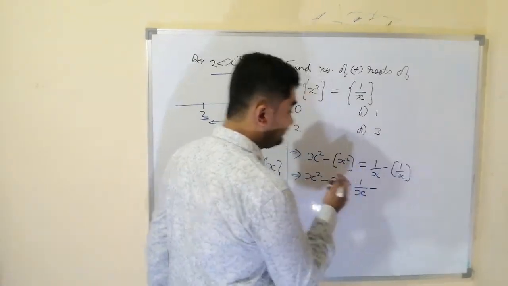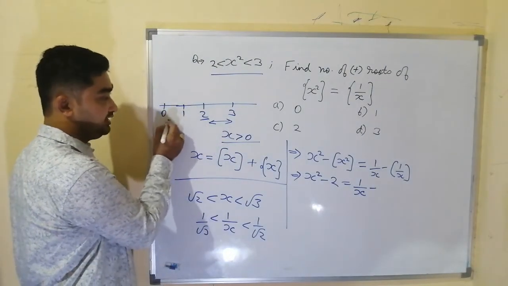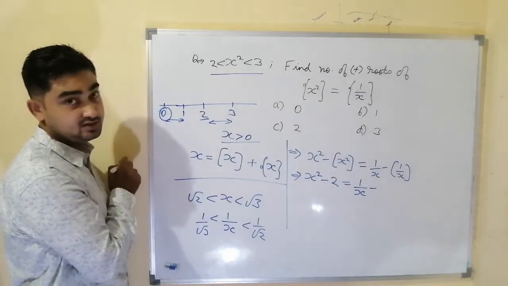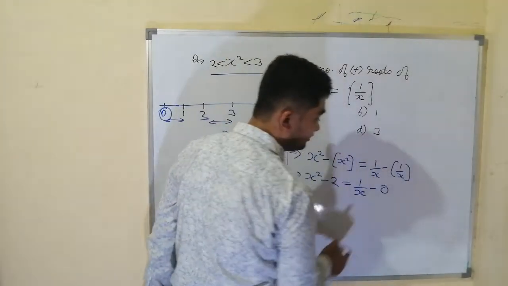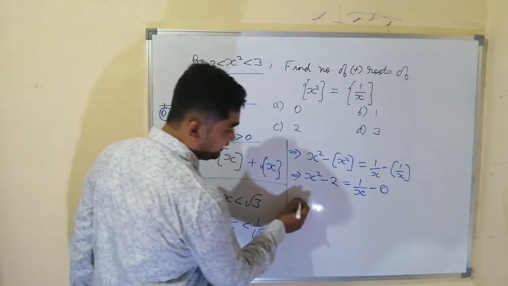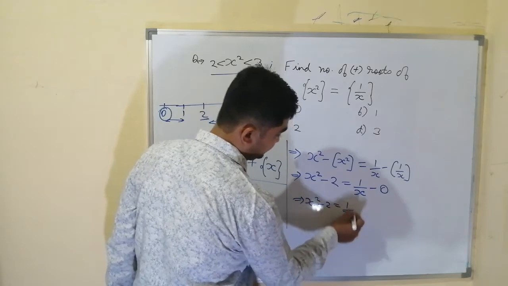Any number which is between 0 to 1, on the number line again it is 0, it is 1. Any number which is between 0 to 1, its integral part will be 0, because we have to move leftwards. Then integral part of 1 by x is always 0. Now we have this equation, x square minus 2 is equal to 1 by x.